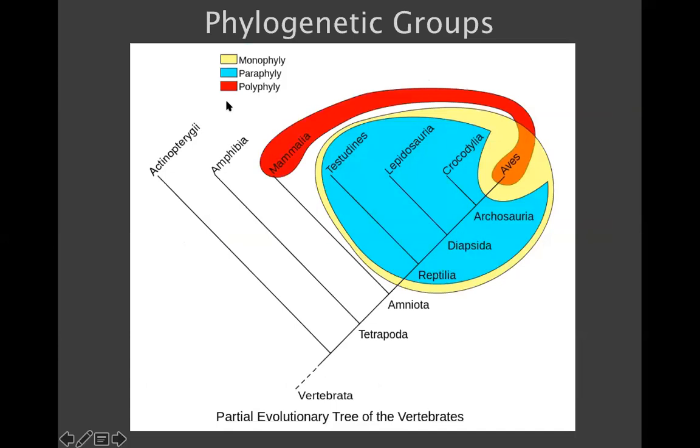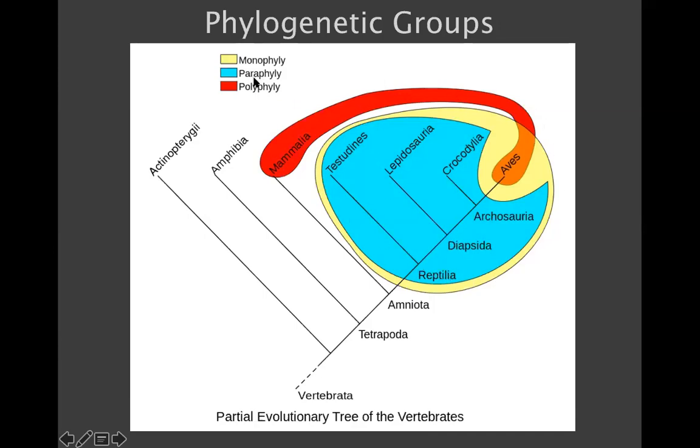So here's another picture to help you understand the difference between monophyletic, paraphyletic, and polyphyletic. So here's a partial evolutionary tree for vertebrates. And you can see that the yellow is including, it looks like, reptiles and birds. And you can see that the yellow includes the common ancestor of reptiles and all the descendants, right?